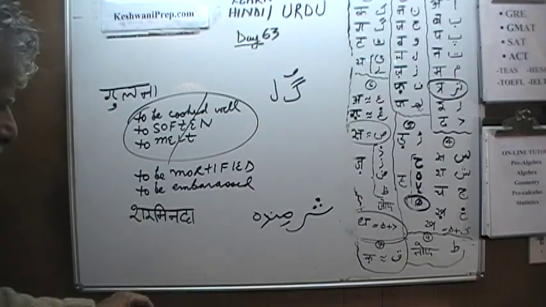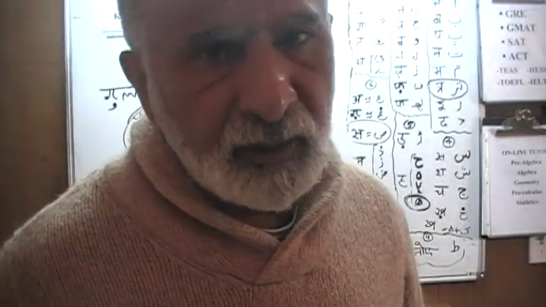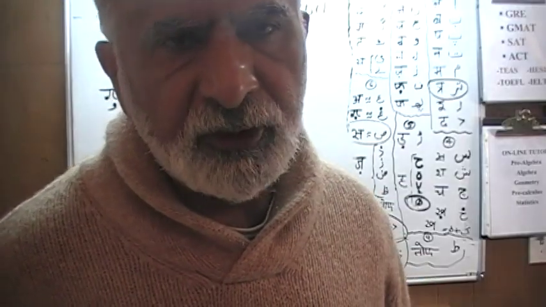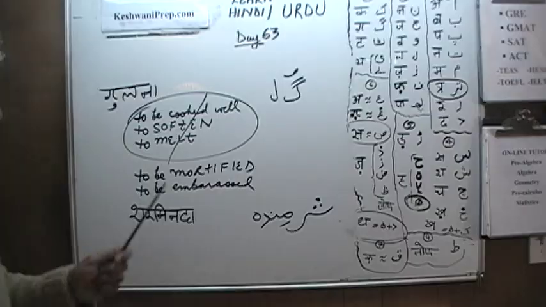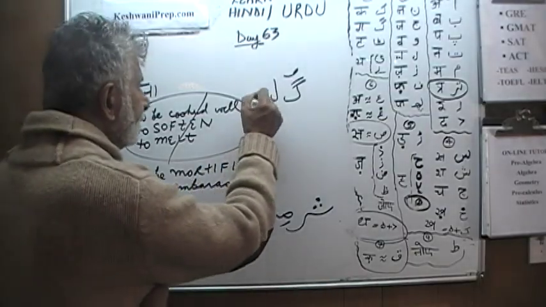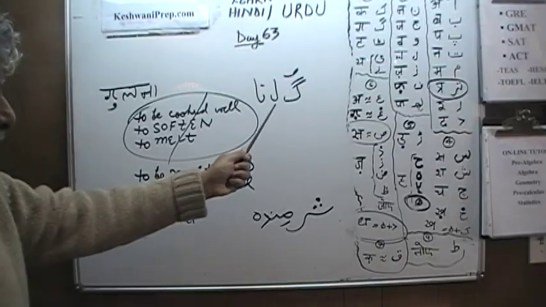Even though it's a ki matra. Sharminda hona means to be ashamed because you've done something and you are ashamed. Sharminda ho gaya. Sharminda and gulna, same thing.